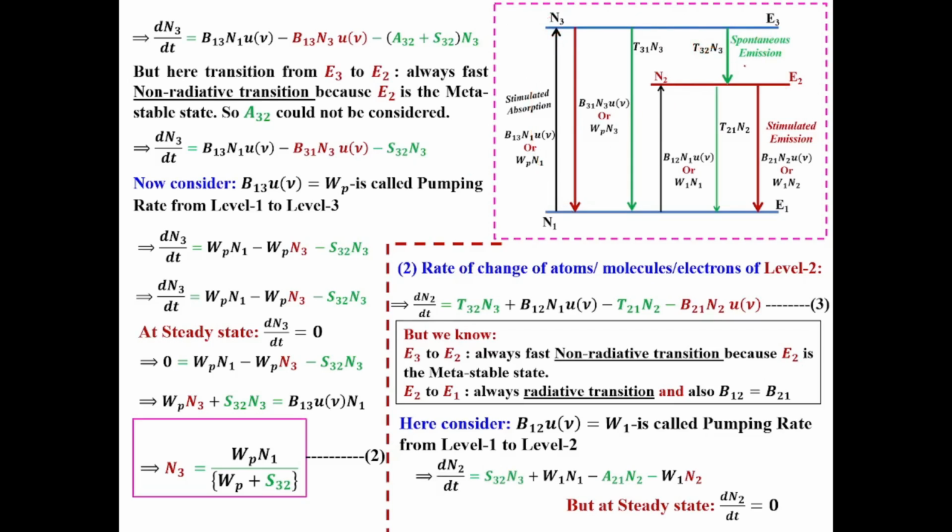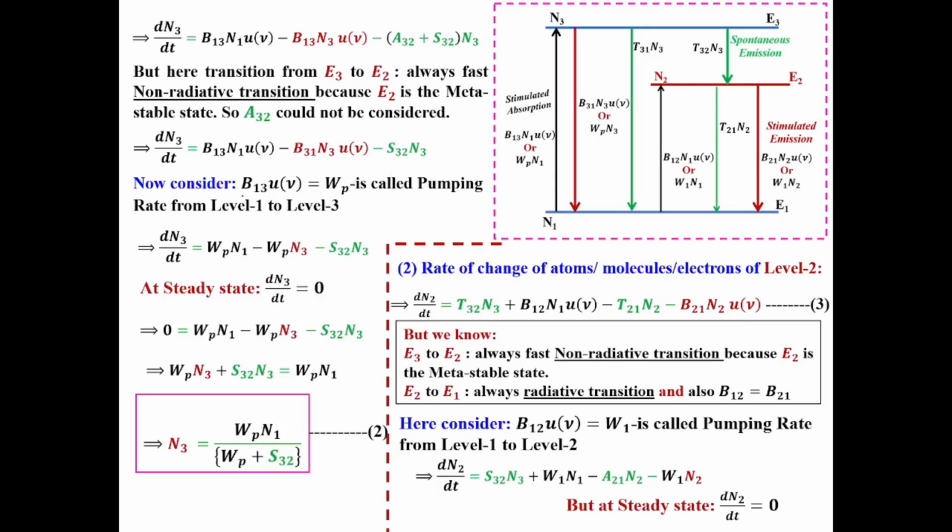So here the non-radiative transition happens from E3 to E2. That means A32 is not to be considered, and this term will be represented only by S32. So the above equation will be B13 N1 u mu minus this term minus S32 N3.